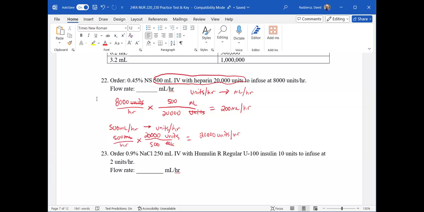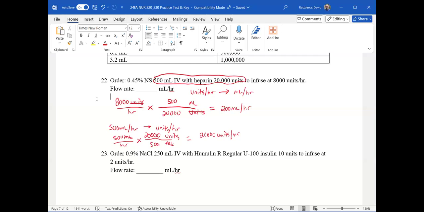What often happens when people do ordered over available or desired over have with flow rate type questions is you are quick to make mistakes with where the units and the milliliters go, meaning that a lot of times students will write 8,000 divided by 500 times 20,000, and you're going to get some ridiculous number, and your units and everything will all be wrong.